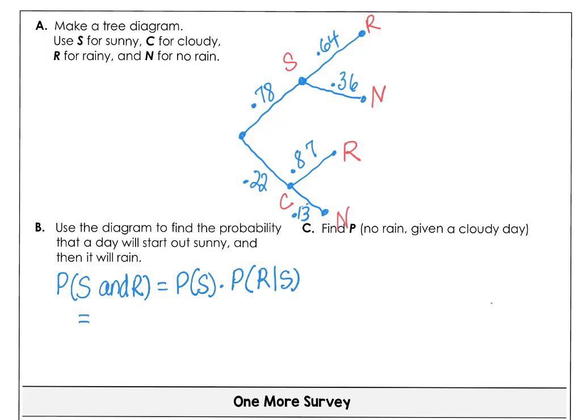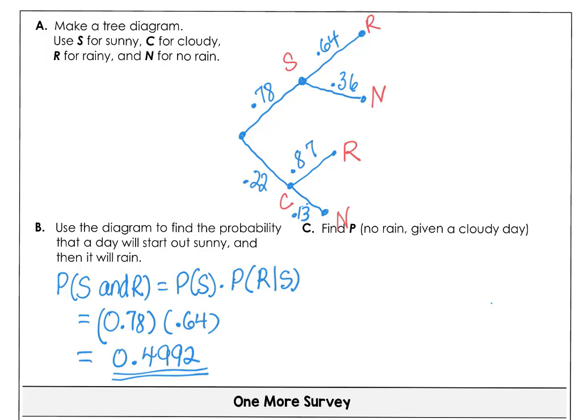So looking at our tree diagram, the probability that it's sunny is 78%, given that it was going to rain after it was sunny, so that would be the branch of 64%. So multiplying those with a calculator would tell us that about 50% of the time it starts out sunny and then it rains later on.